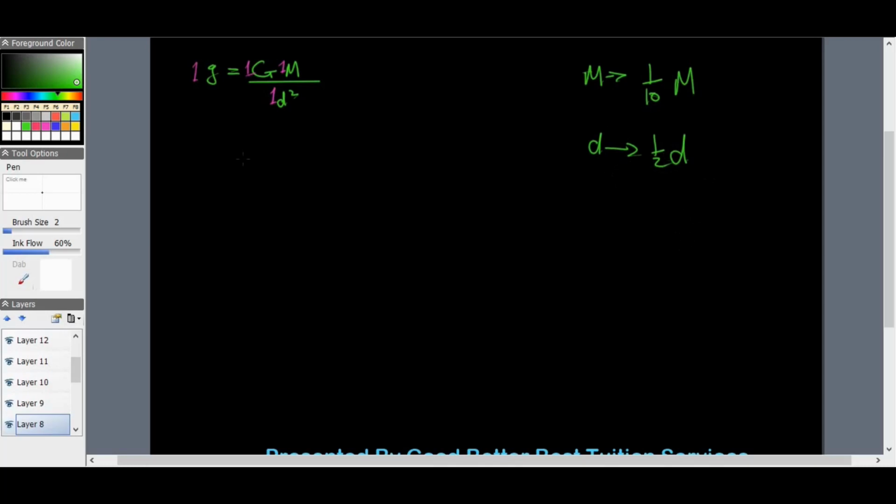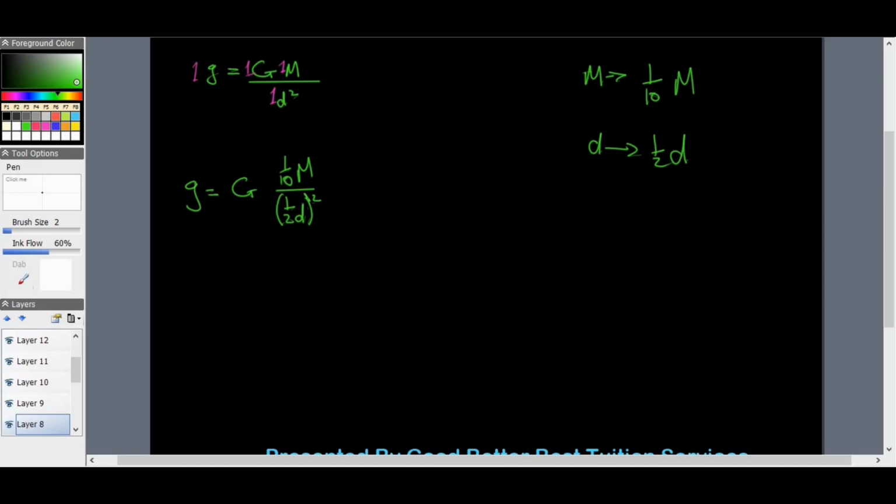So we take this and we substitute it in. So g, the gravitational acceleration, is equal to the constant multiplied by 1/10 M over half d all squared. Now I know we were given these values, but we are talking about by what factor.